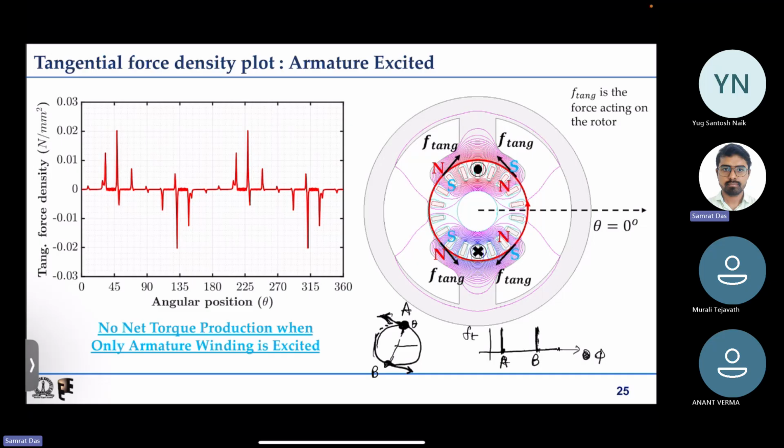But you can see that for this case you have some positive notches here and some dominantly negative notches, and similarly some dominantly positive and some dominantly negative notches. So they cancel each other and you do not have any net torque.